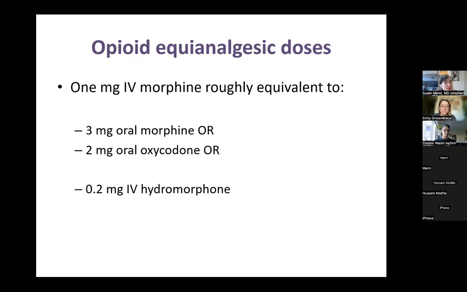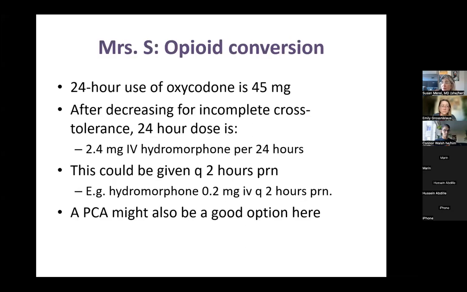Just to be able to double check yourself and know what the numbers should come out to generally. I'm not going to go through this math, but here we're looking at the 24-hour use and then converting it. Say we're going to give hydromorphone IV every 2 hours as needed. A PCA would also be a good option here, which I'll talk about in a little bit.